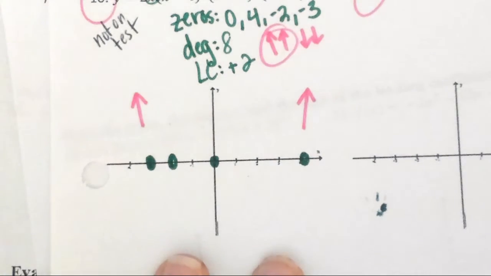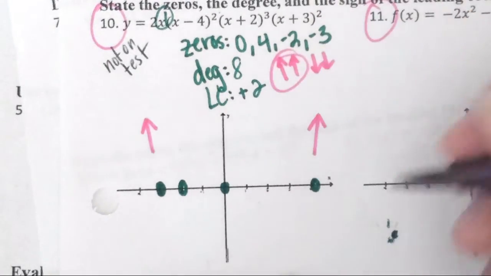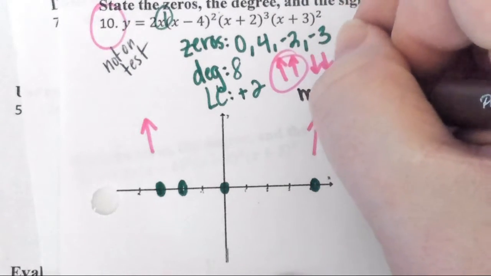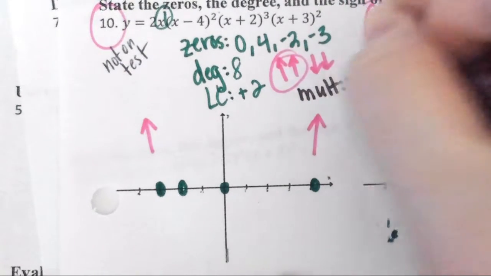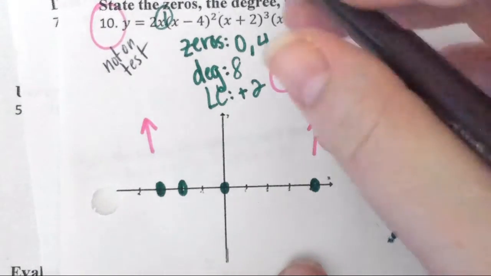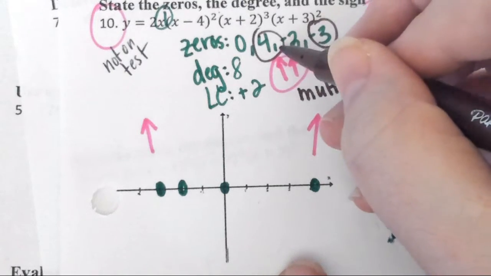Okay, and then Travis pointed out the obvious. So before we go crazy and just start trying to connect the dots, I've got to think my life through. Some of these have a multiplicity. Okay, so I'm going to draw some arrows.